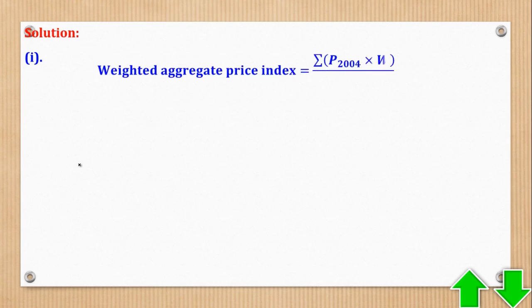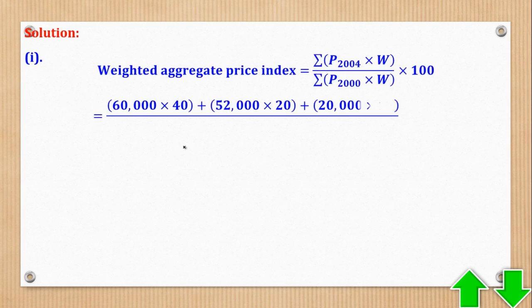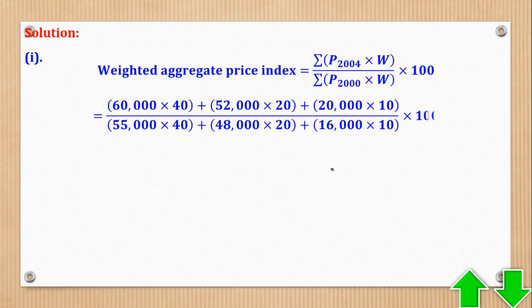Still, just like it was for simple aggregate, even here for weighted aggregate you have to quote the formula first. After that we shall substitute. For each price it has its own weight.